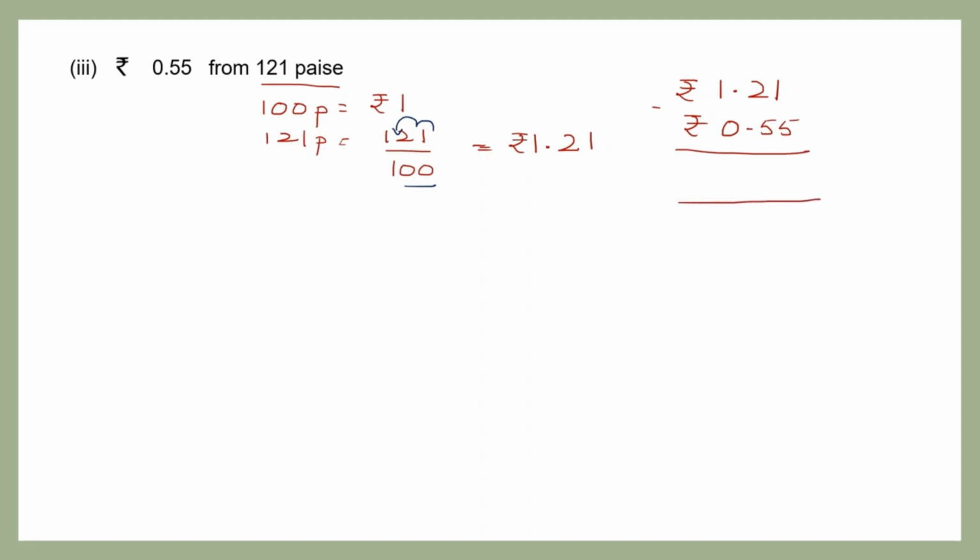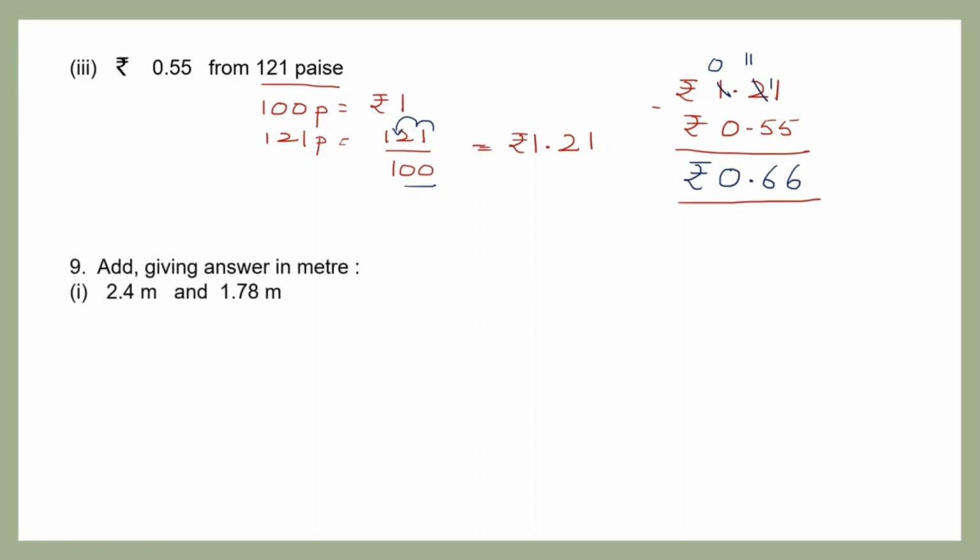The first number, 1 is smaller than 5, so I borrow. 11 minus 5 is 6. Again, I can't do 1 minus 5. I'm going to borrow. So this becomes 0 and 11. 11 minus 5 is 6. Point 0 minus 0 is 0 rupee. So my answer is rupees 0.66.